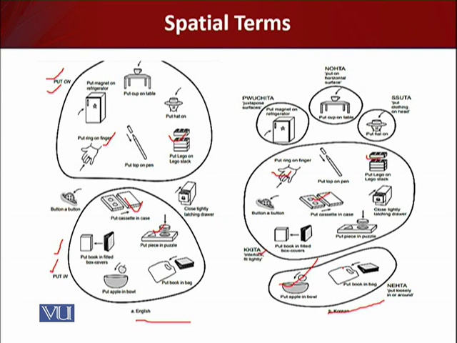Levinson contrasts three different frames of reference when talking about space: absolute, relative, and intrinsic. Absolute terms refer to the location of an object in space, irrespective of the location of a person, for example, north or south.